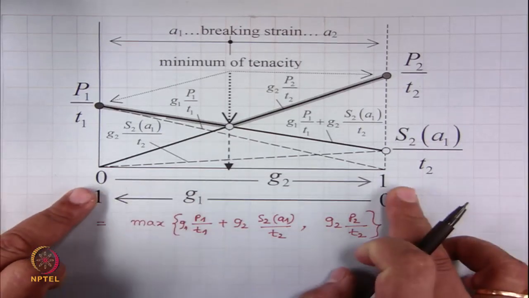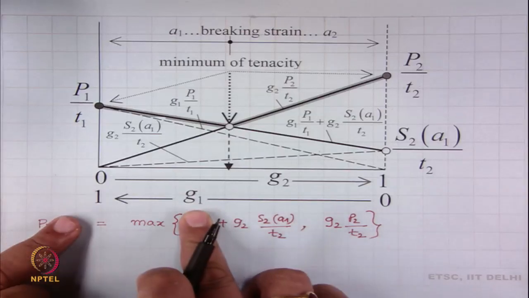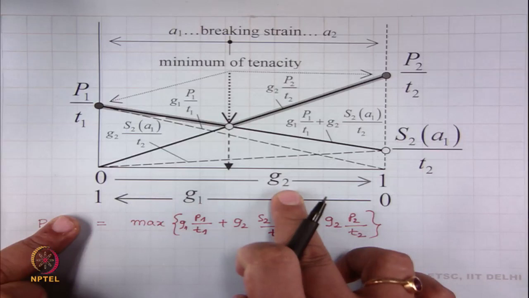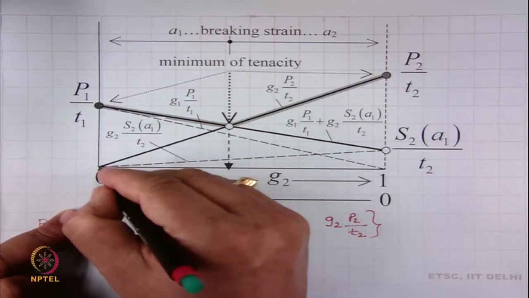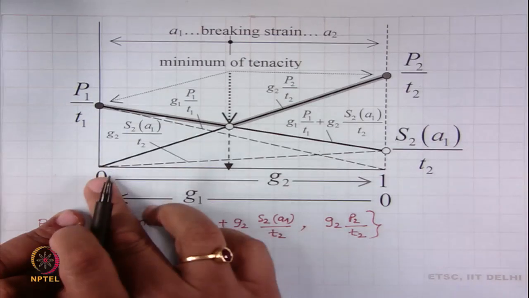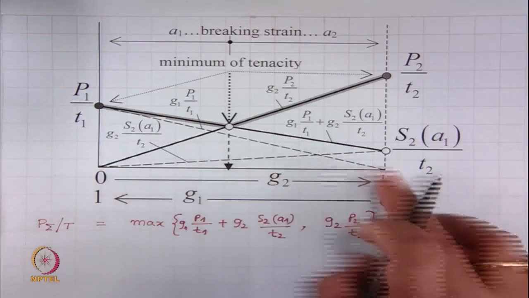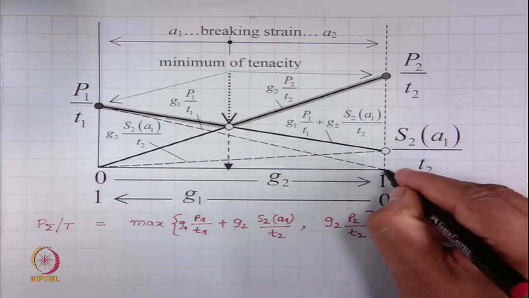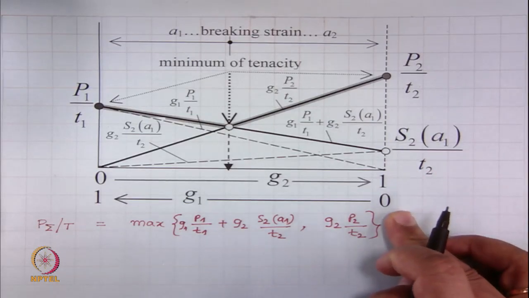On the X axis mass fractions are plotted. G1 denotes mass fraction of type 1 fiber, G2 denotes mass fraction of type 2 fiber. When G1 is equal to 1 at this point, mass fraction of type 2 fiber is 0. Similarly, at the end, when G2 is equal to 1, mass fraction of type 1 fiber is 0.